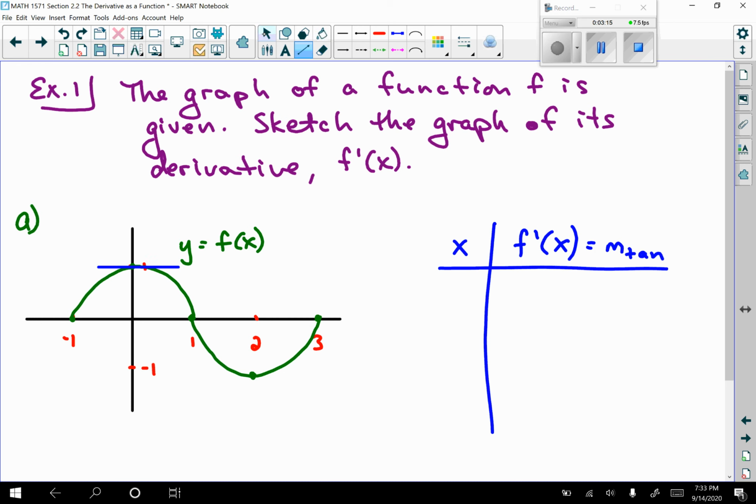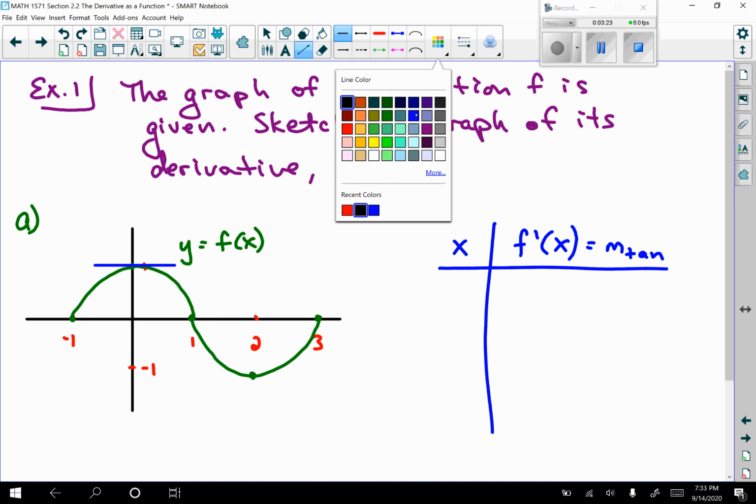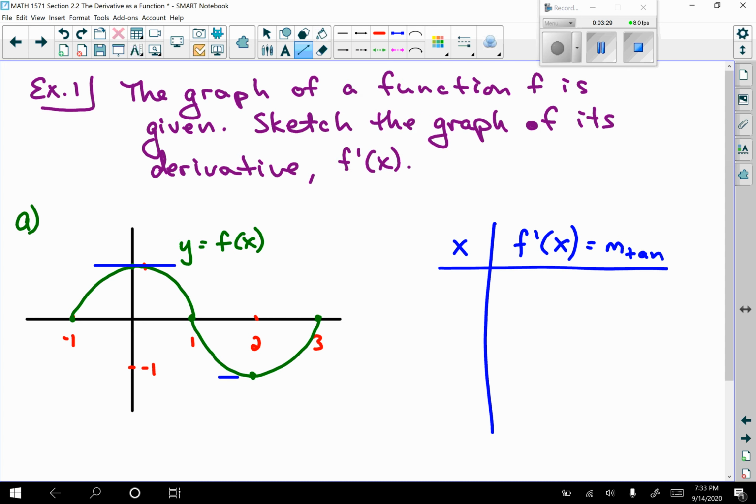And where else do you think we could fit a horizontal tangent line? These are going to be key throughout this course. Notice we have it here at the highest point, and also over here at the lowest point, what we call the maxes and mins, and we're going to eventually come back to those.